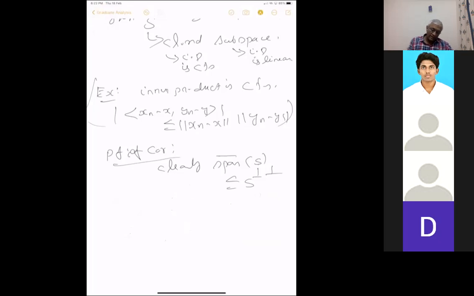I want to prove that we have this. This is clear because if we take some set, then take its closure, that will also be orthogonal to this. And we have to prove that the triple perp is contained in span closure S perp the other way. Now this is equal to S perp. Now this is equal to S double perp.